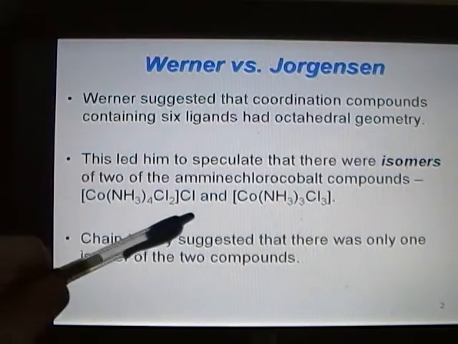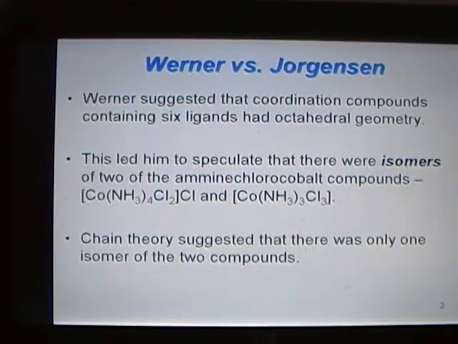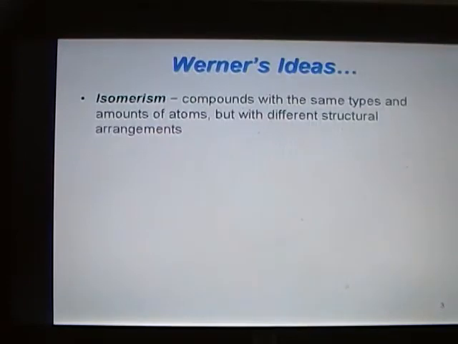There should be 2 different types of isomers of that compound. Chain theory, which was proposed by Jorgensen, suggested that there was only 1 isomer of the 2 compounds. Werner's ideas led to isomerism in coordination compounds.